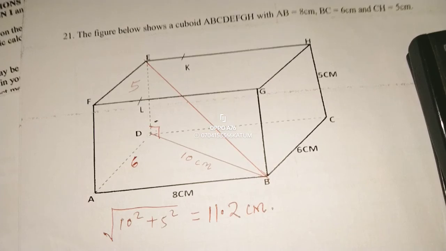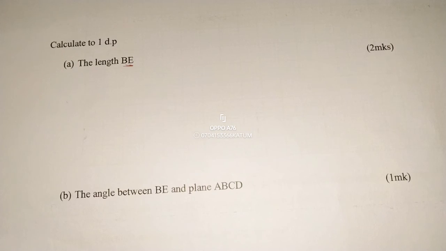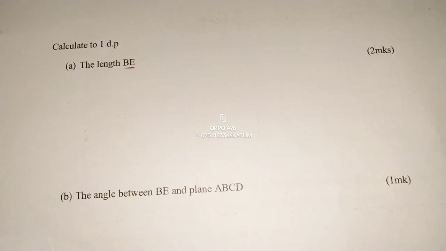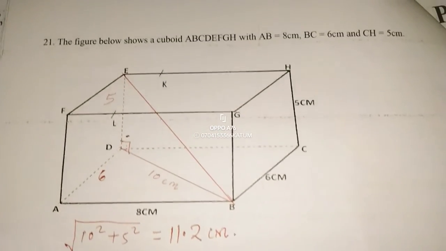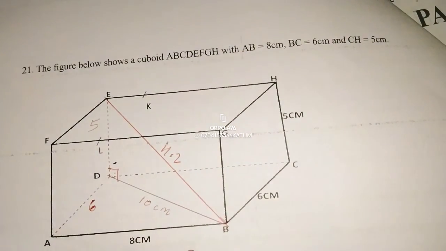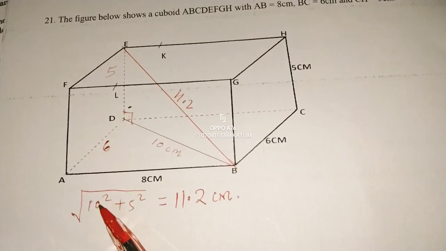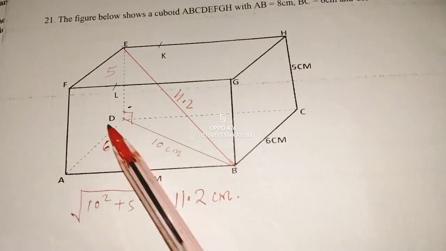The other thing we are told to calculate is, in part B, the angle between BE and the plane ABCD. BE, the line we've just calculated, to be 11.2. So the angle between this line and the base ABCD.